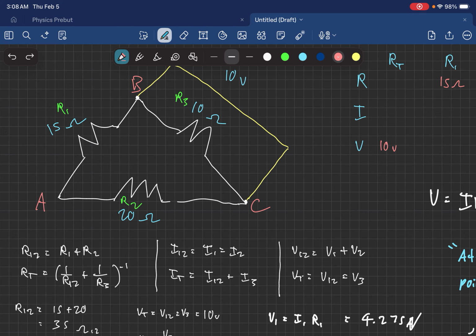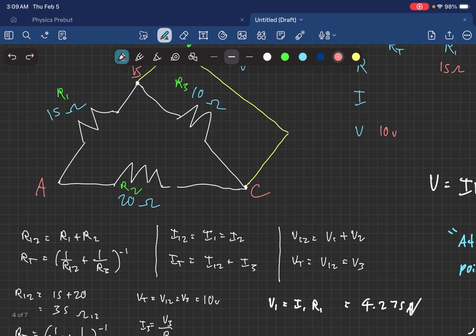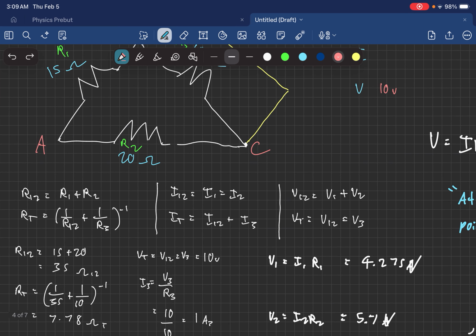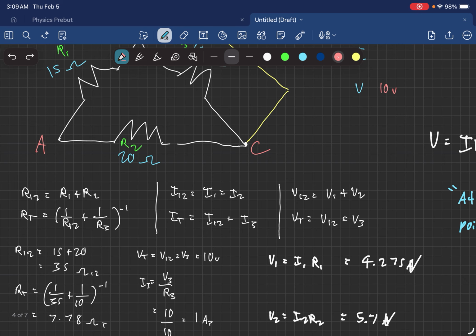We have 1 over R12 plus 1 over R3, raised to -1. So when you have resistors in a parallel connection, you add them in this manner.